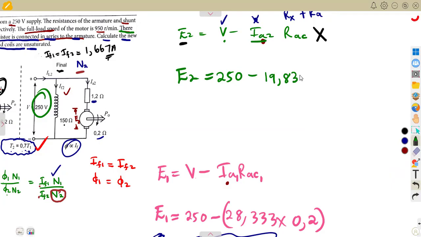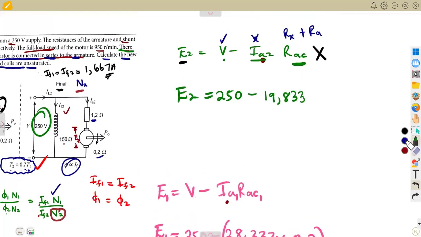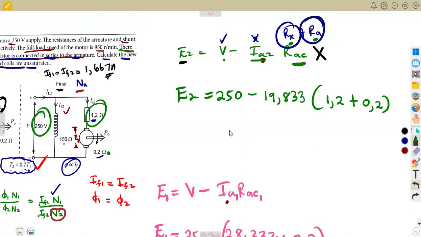Then this circuit that we are seeing on the armature, there are two things to be considered there: the additional resistor and the armature resistor, because this is part of the armature circuit. There is a series resistor. Remember, in series you add. So you add the additional resistor, being 1.2 ohms, to the armature resistance, which originally was 0.2.